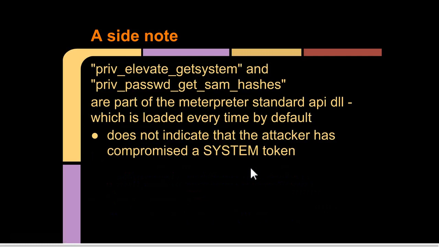Also, a side note. So we see priv escalate get system and priv escalate get same hashes. These actually don't by themselves indicate that the attacker has attempted to get system or to steal the same hashes. So you have to do further analysis to actually determine that.